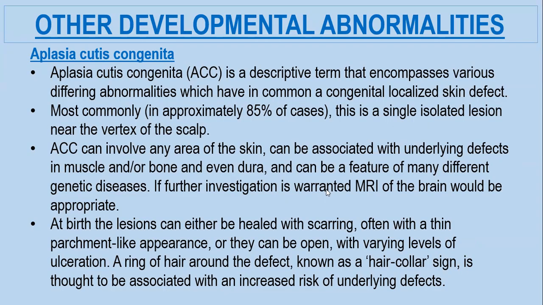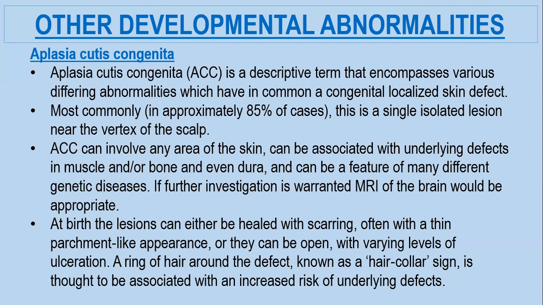ACC can involve any area of the skin and is associated with underlying defects of muscle, bone, or even dura, and can be a feature of many different genetic diseases. If further investigation is warranted, MRI of the brain is the most appropriate investigation.